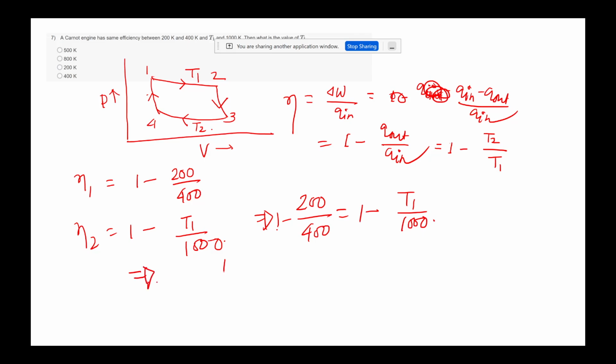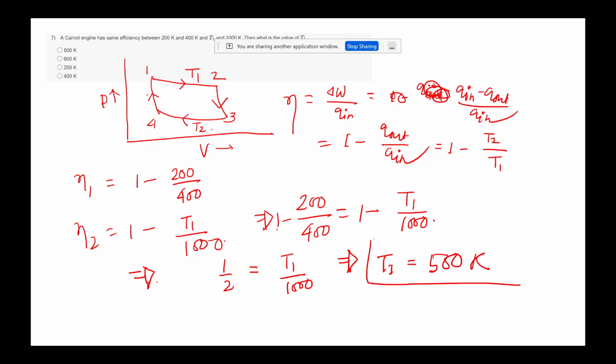Then we get half is equal to T1 by 1000, and we can say that T1 is 500 Kelvin. So the right option will be option A, the first option, 500 Kelvin.